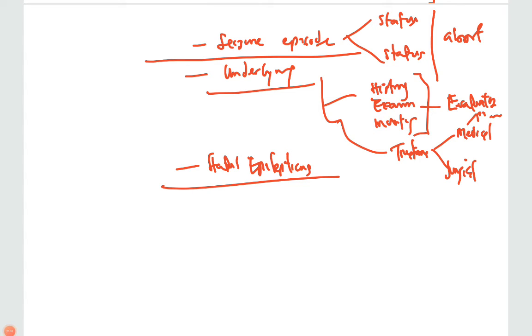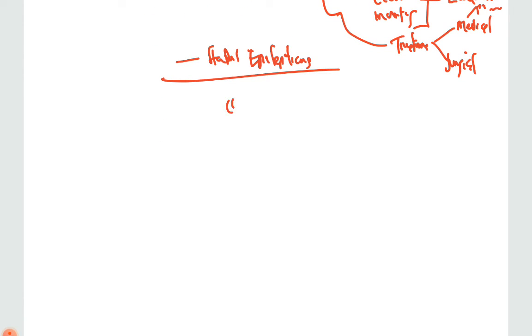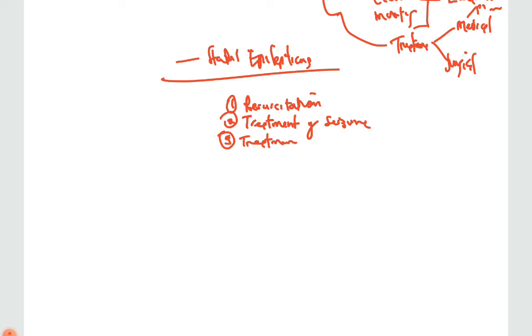There are 4 important steps that I'll talk about. Number 1 is resuscitation. Number 2 is the treatment of seizure. Number 3 is treatment of reversible causes.